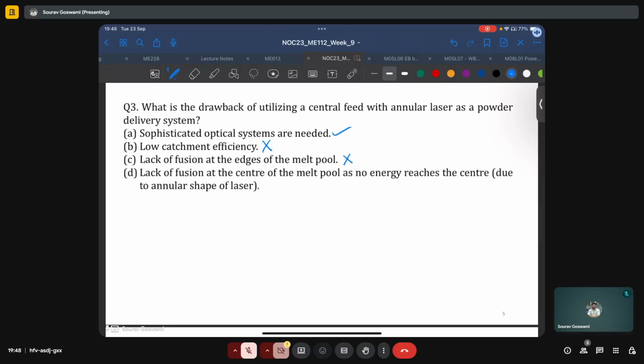And similarly, there will not be a lack of fusion at the center of the melt pool because, even if we imagine that our annular laser has some configuration like this, where the powder is coming in from the center and the laser is coming from the sides here, as a continuous curtain, so to say.